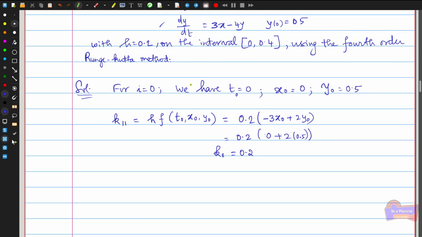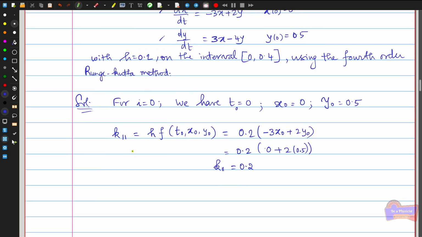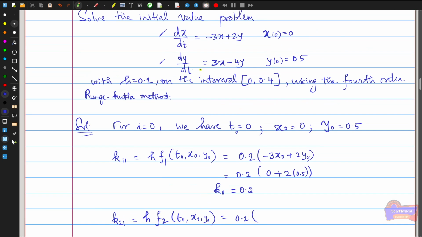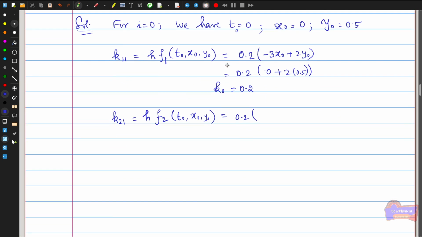Similarly, I can find the slope for y. That means I can take it as k21. So k21 is equal to h times function 2. Let us take this as function 1 and this as function 2, of t0, x0, y0, which is equal to h, 0.2, times the function of y, which is 3x minus 4y, so I can write 3 times x0 minus 4 times y0.